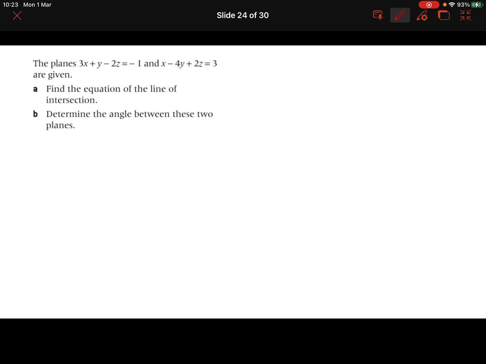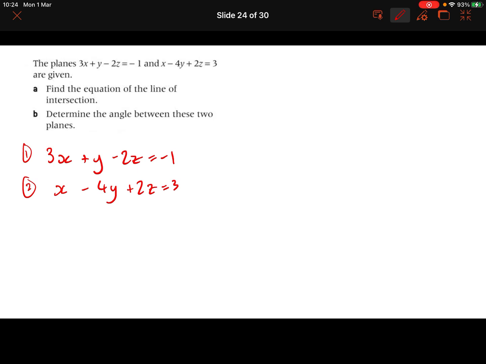Now, what we're going to do is write them as simultaneous equations. 3x plus y minus 2z equals negative 1, and x minus 4y plus 2z equals 3. So here's equation 1, here's equation 2. Now I'm going to see, can I eliminate any of the variables?